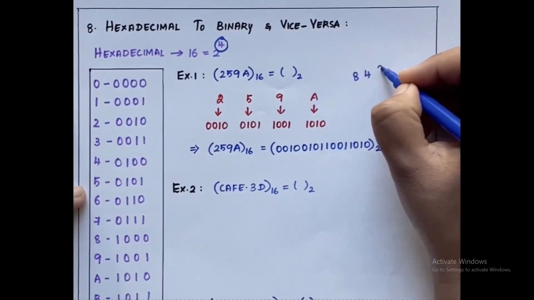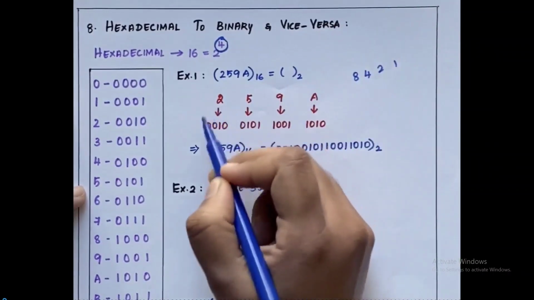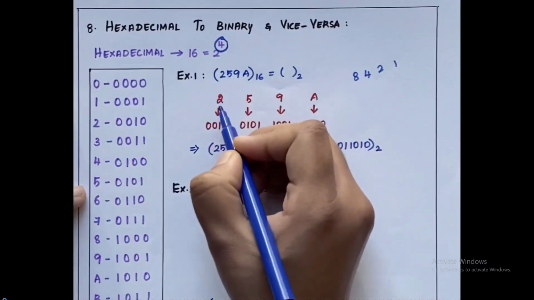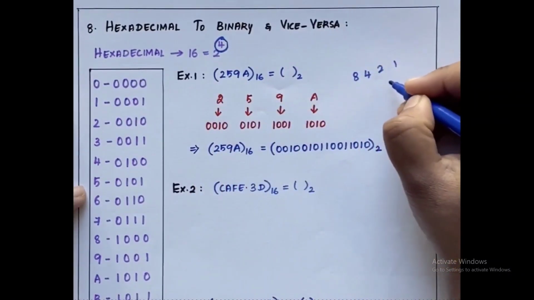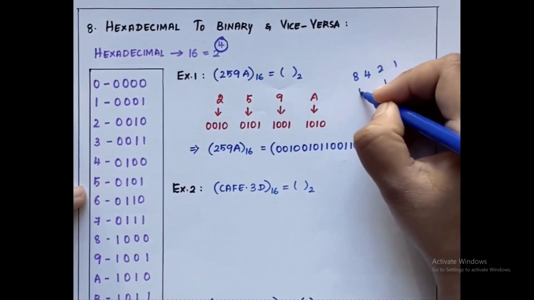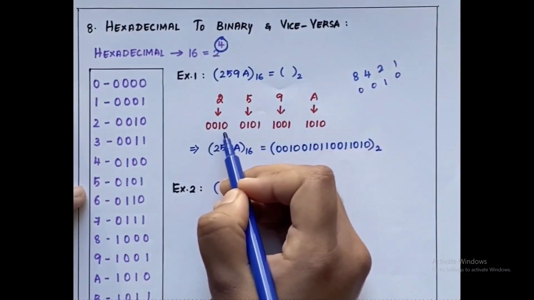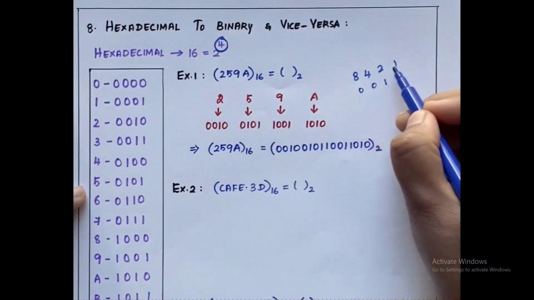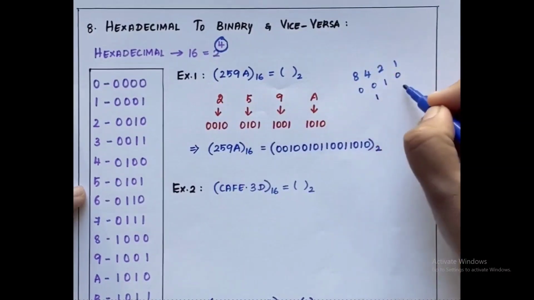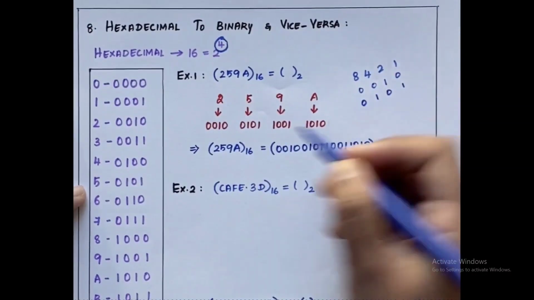If we forget the values, we can use this 8421 technique. For example, for 2, under 2 we have 1, and the remaining values are filled as zeros, so we get 0010. Next for 5, it is 4 plus 1 is 5, so under 4 and 1 we take 1, and the remaining is 0. So 0101 is obtained.